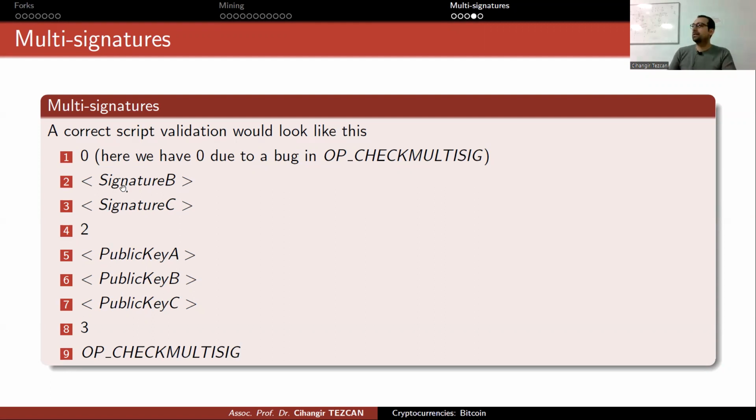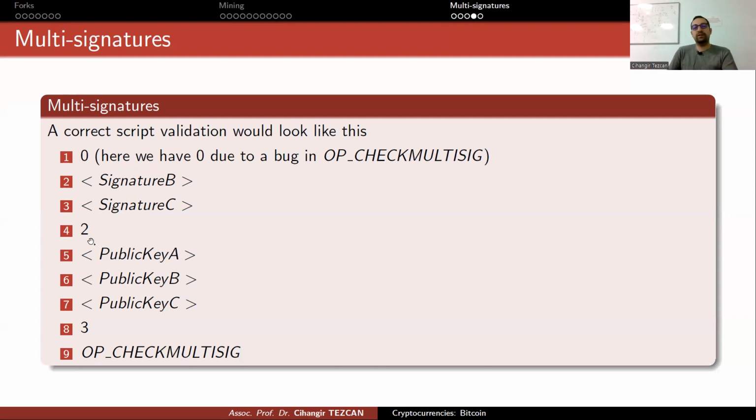This is due to a bug, thanks to Satoshi. So to overcome this, you simply put 0 to bypass that data. You can actually write anything, but writing something larger would cause more data to be stored. So we simply put 0 here, and then put the 2 signatures we require.